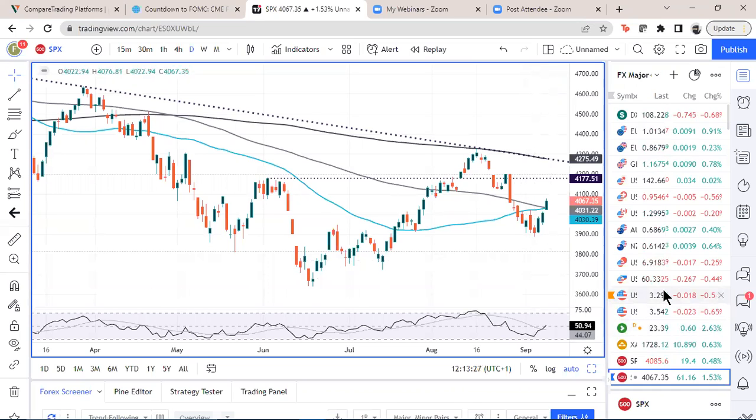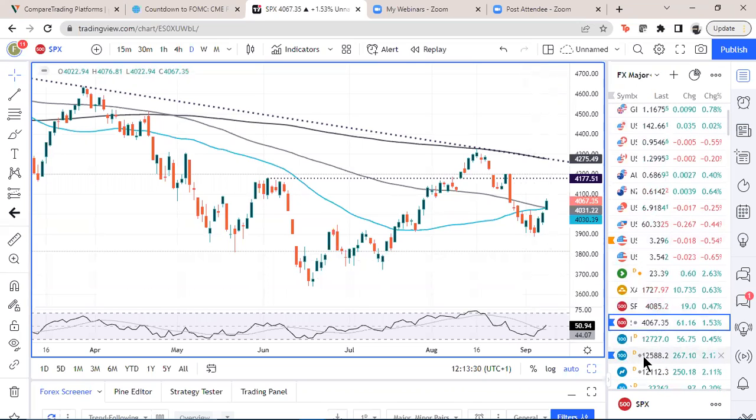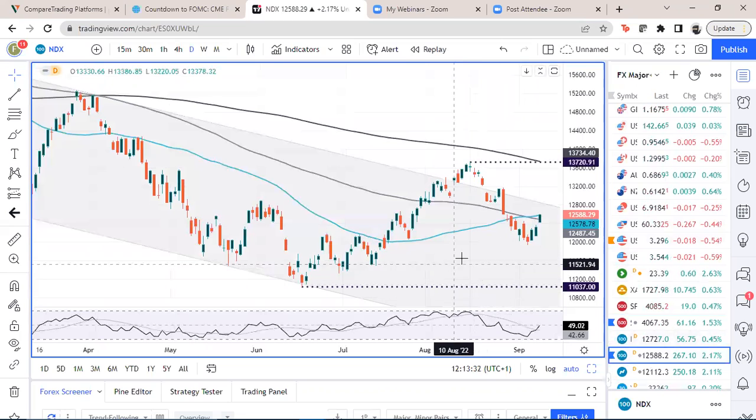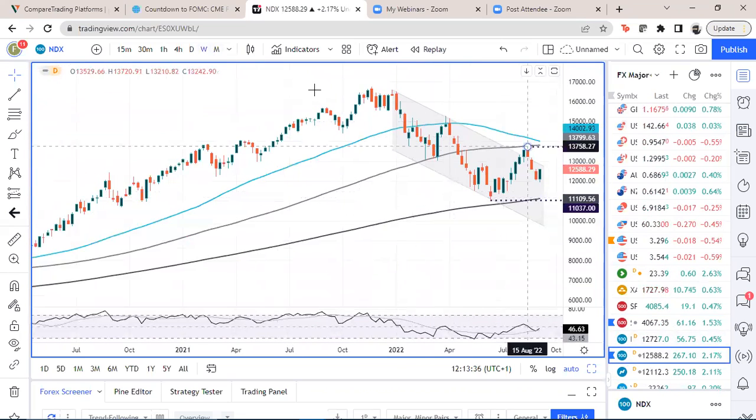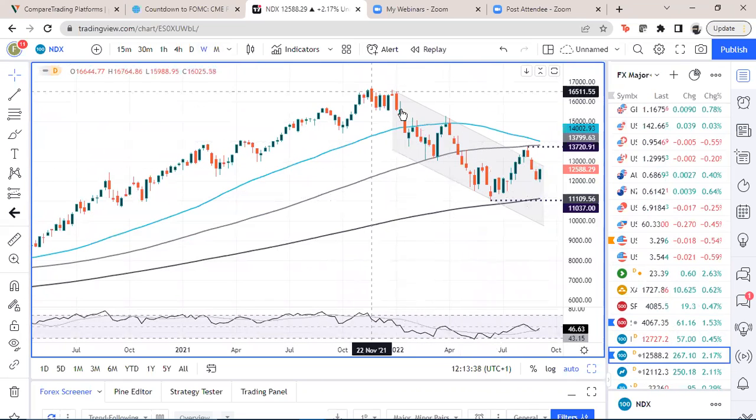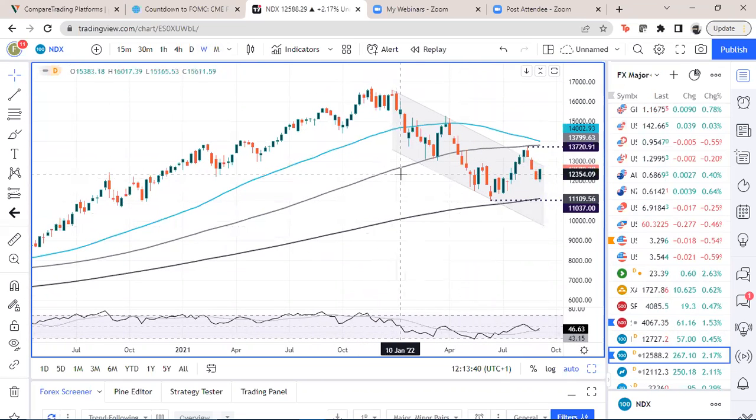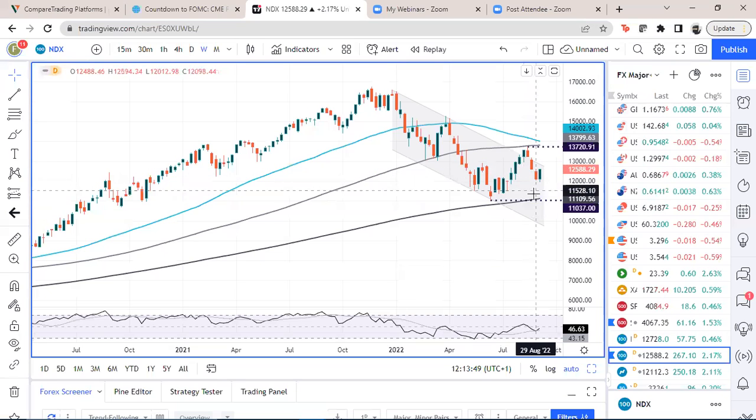If we look at some of the other indices as well, the NASDAQ, this is the NASDAQ 100 we always focus on. Just looking at the weekly, you can see that I've got a really long-term bear channel from the highs back in November, December. You can see that channel there. We broke out of it briefly, as we've mentioned before, a couple of weeks ago, but then pushed back down into it.